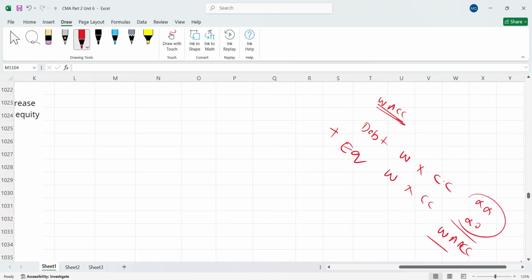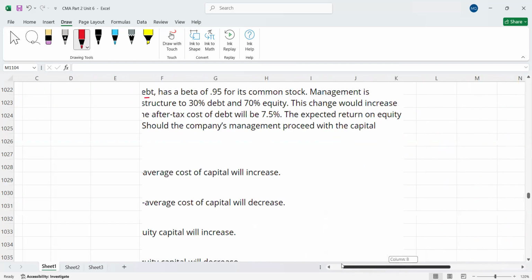Now note here, if a company does not have any debt in its capital structure, if you have only equity, then this line you don't have. This cost of equity will become your weighted average cost of capital. This is what I'm trying to tell you. If you don't have debt, your cost of equity will become the weighted average cost of capital. But if you have debt also, then debt cost and equity cost will make up your cost of capital. So here we go. Moving to the question.